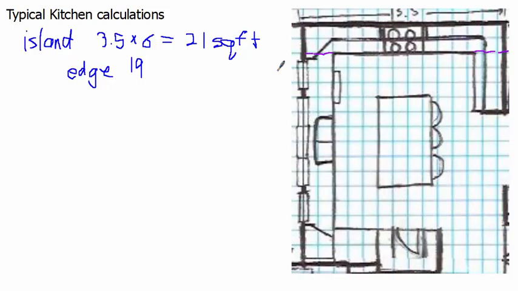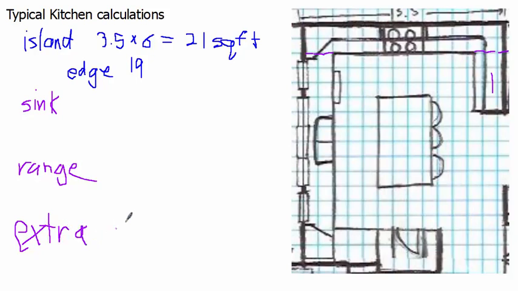So I'm going to split into those parts, and in order to identify those parts, I'm going to say, okay, this is the sink part, this is the range part, and this guy right here, I don't know, I could call it peninsula or extra. So feel free to split it into parts and go ahead and label those little things there. It's going to be probably a different color than the pencil that you had. I just do that so that I can figure out the different parts.